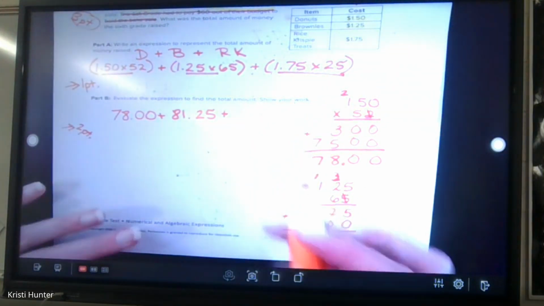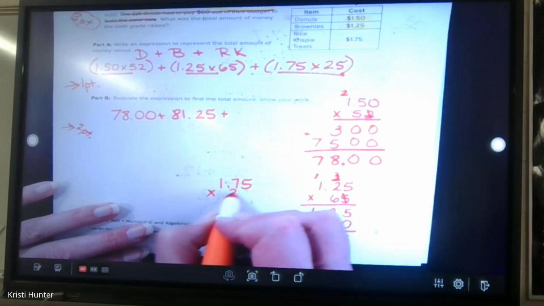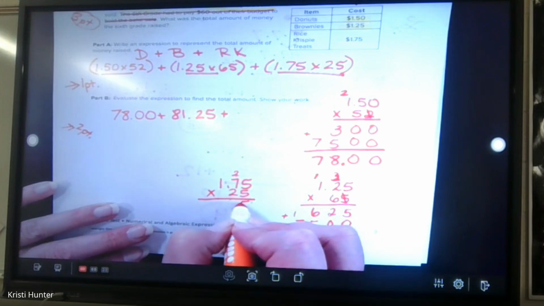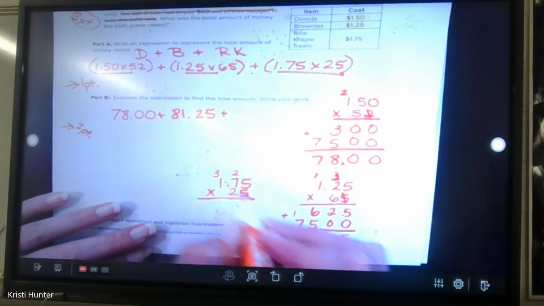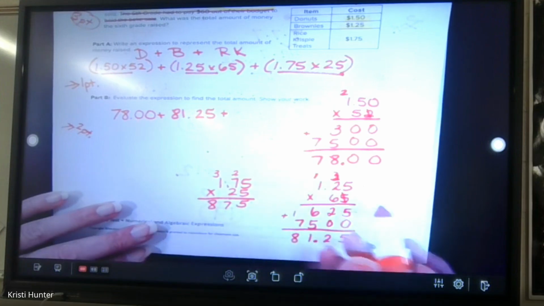So the Rice Krispies cost me $1.75 times 25. 5 times 5 is 25. 5 times 7, 35 plus 2, 37. 5 times 1 is 5 plus 3 is 8.